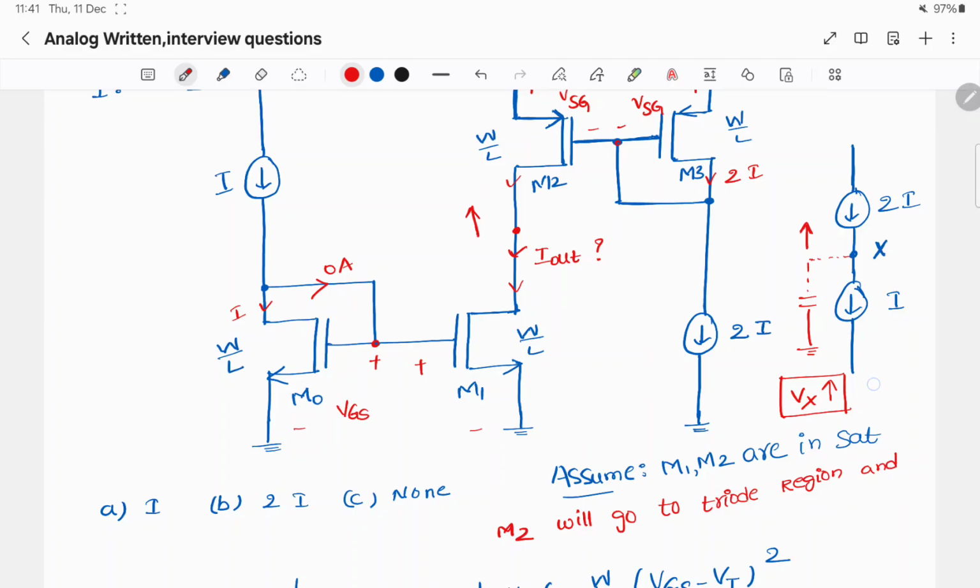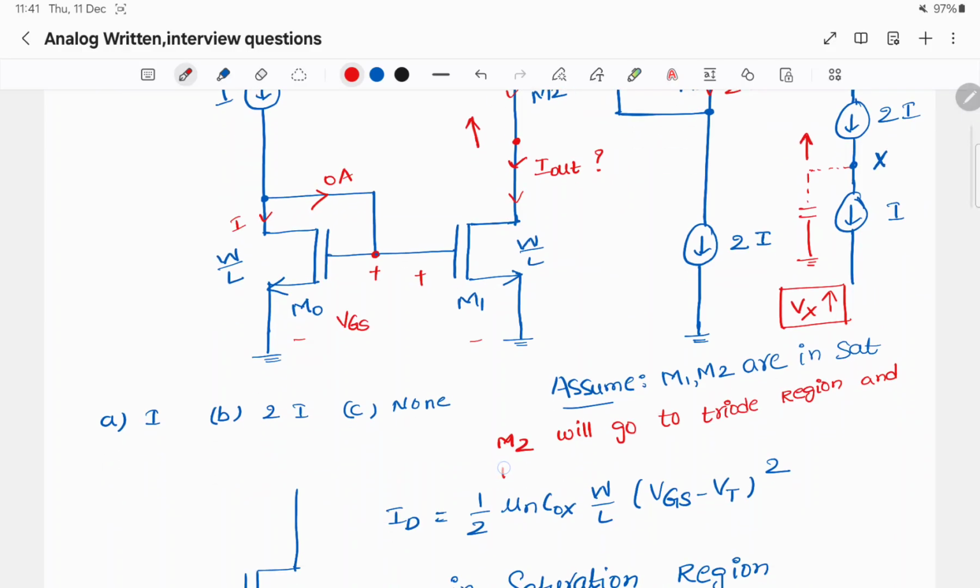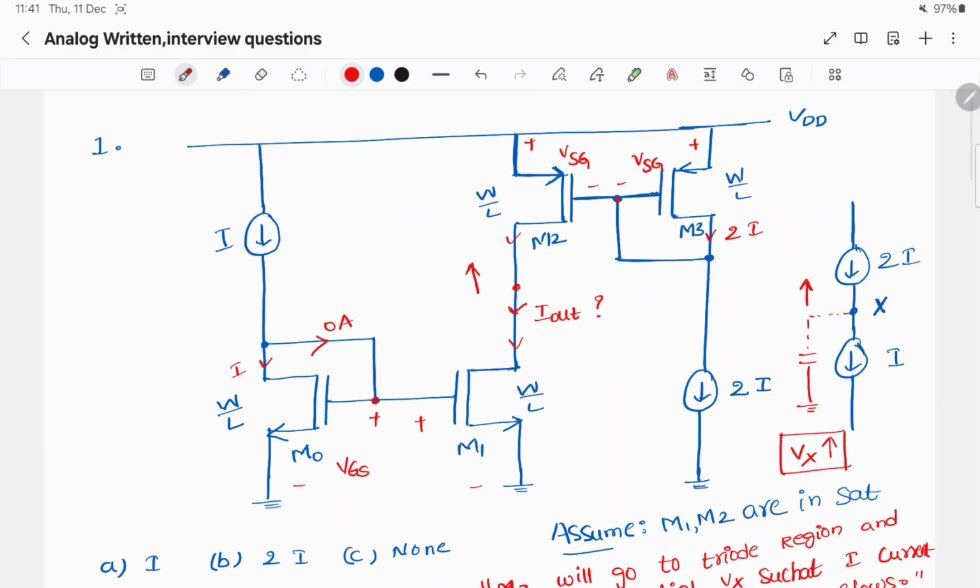And it will build a potential Vx such that I current flows. This node potential goes up such that I current has to flow from both the transistors.